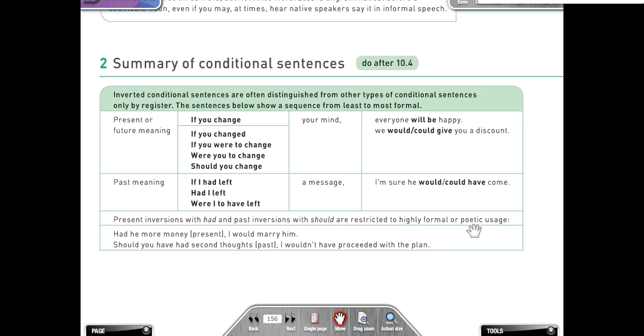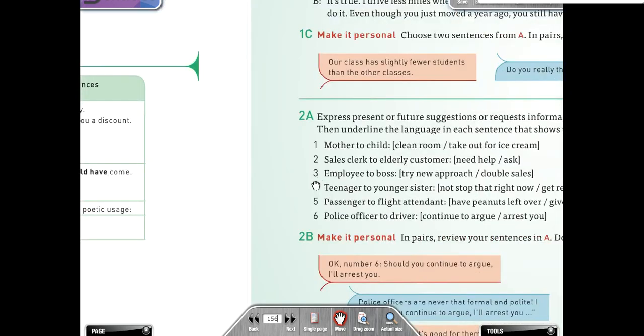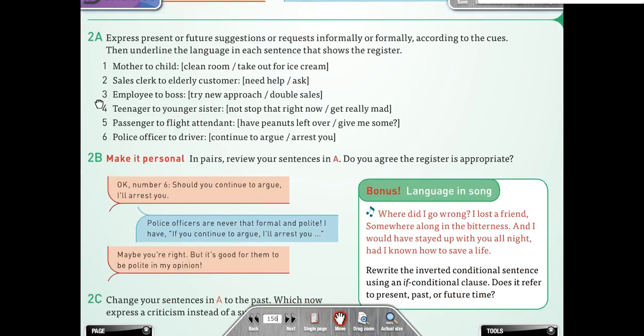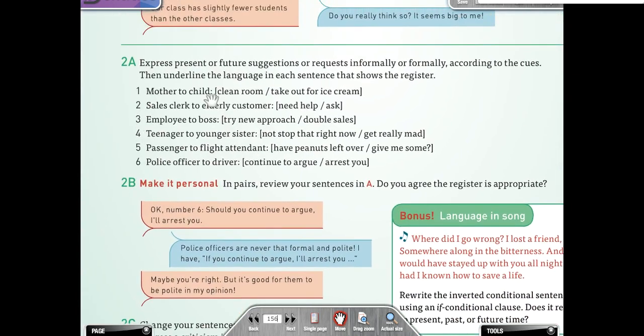This is important. Poetic. Mostly should, very formal. Had he more money, I would marry him. Should you have had second thoughts, I wouldn't have proceeded with the plan. As always, this part, in my personal opinion, is a little bit confusing, so don't worry. Try to do this part, please.